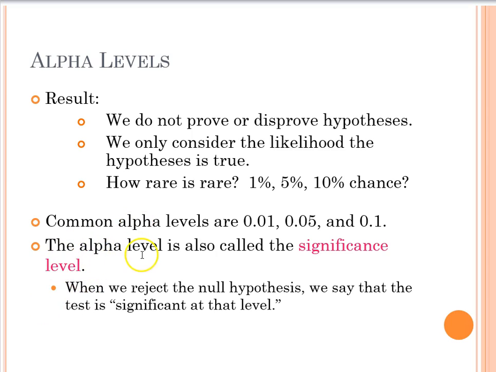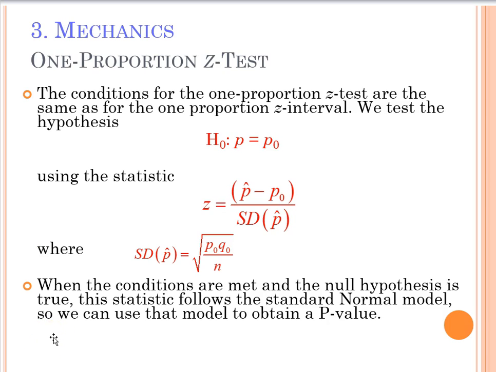We also call this alpha level the significance level. Once we have the significance level or the alpha level, we've determined that beforehand, we can compare it to our p-value to see if it meets our requirements. So, for example, the alpha level in a jury trial would be beyond a reasonable doubt.